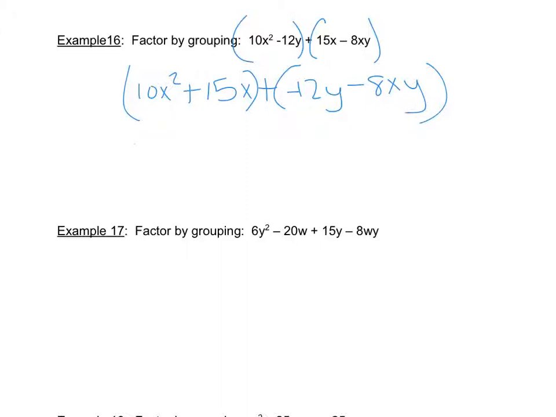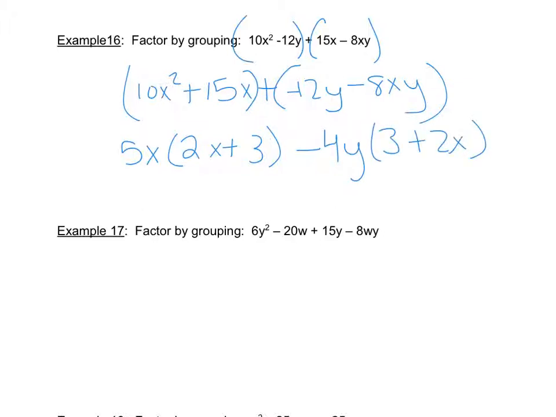Factor out 5x here. You have 2x plus 3. Well, I know I'm going to have to factor out a negative 4 and the y. So you have 3 plus 2x. This is the same thing as this. So factor out the 2x plus 3, and you're left with 5x minus 4y.